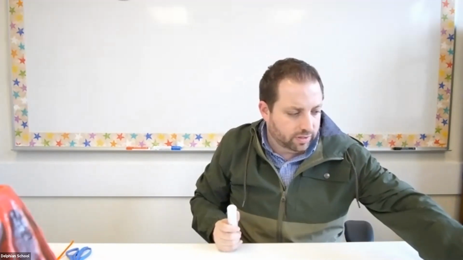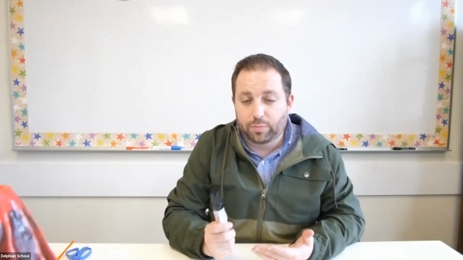Okay, good. And then we're going to go over this idea of an equivalent fraction. So equivalent means it's equal to, it has the same value, the same amount. So you could say like a $1 bill and a $5 bill. Those are equivalent fractions. Or not equivalent fractions, excuse me.